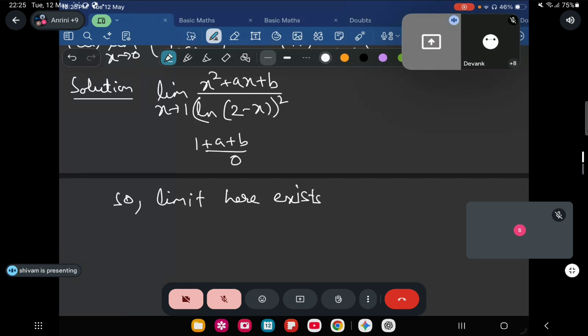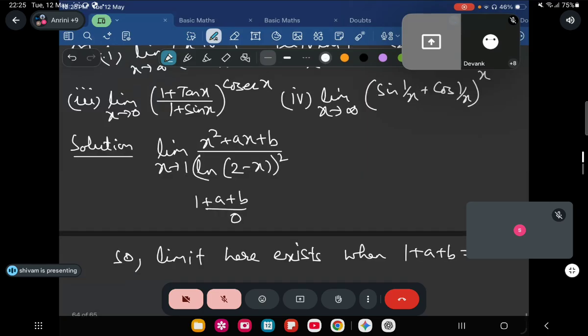Limit over here exists when the numerator, that is 1 plus a plus b, will be equal to 0. Are you getting everyone? Until it is 0 by 0 indeterminate form, we cannot say that the limit exists or not. So 1 plus a plus b has to be equal to 0. Tell me, are you people getting? If you are not getting, let me know.